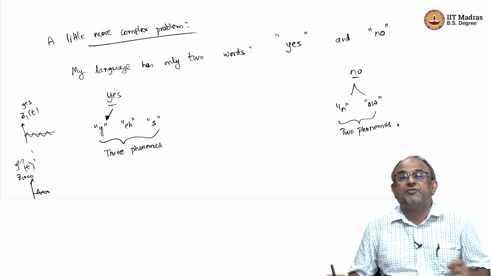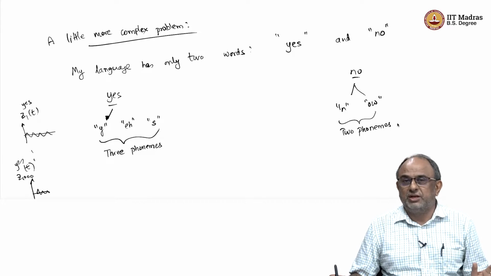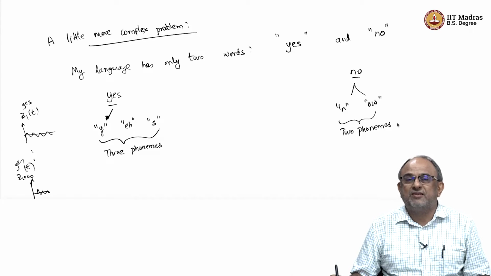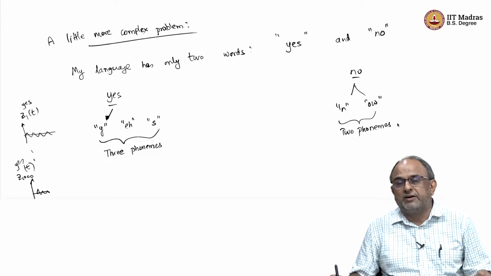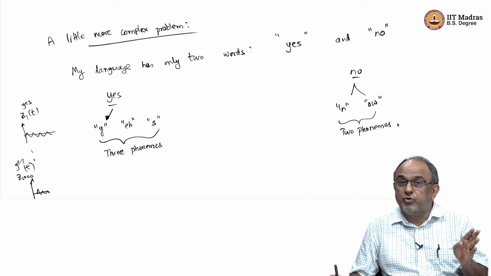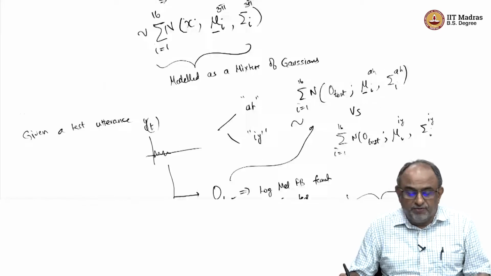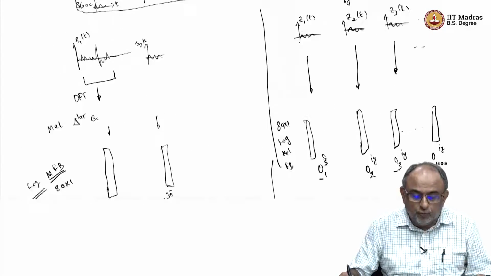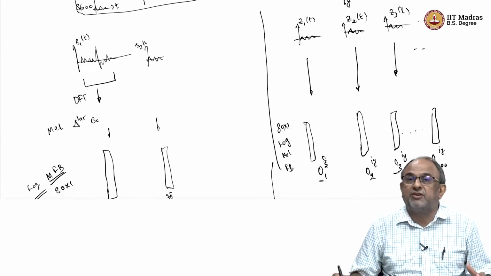Now the problem is, if I had said just one sound, that was very easy. When I say yes, there are three sound patterns that are going to come. And therefore, remember, the log Mel filter bank is capturing the frequency characteristics.